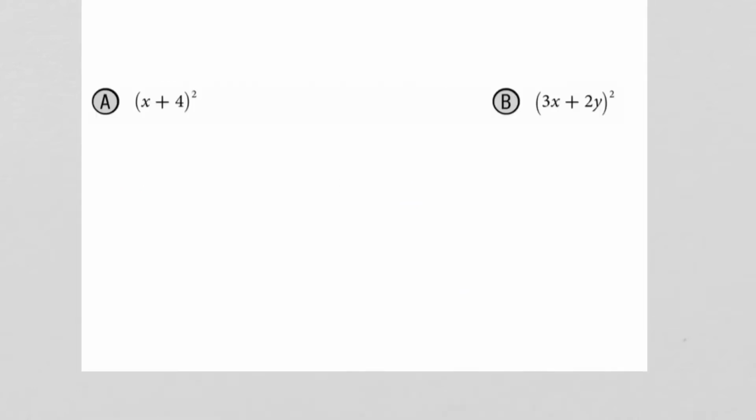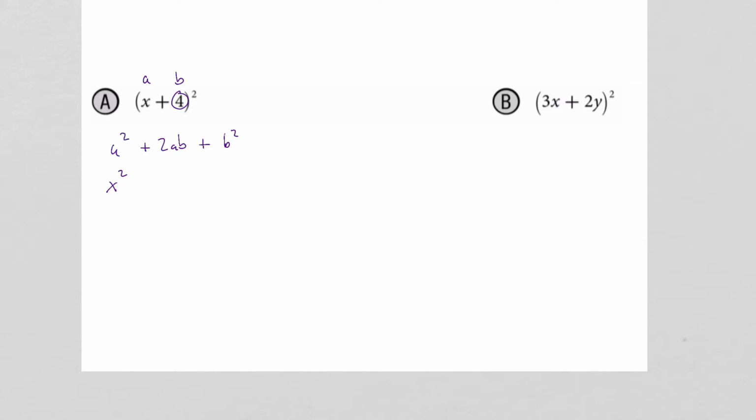So here we go. We can apply this. Here's our a and here's our b. Remember, our formula said this is going to be equal to a² + 2 times a times b + b². Well, what's x squared? x squared.